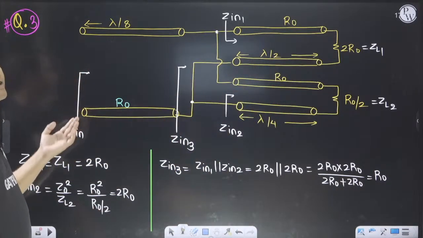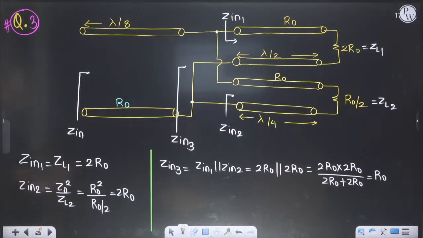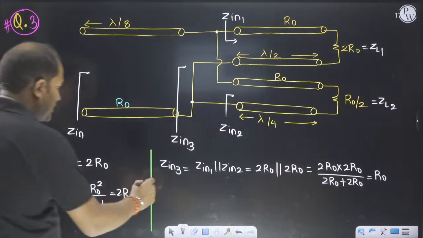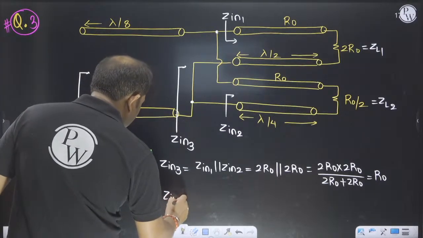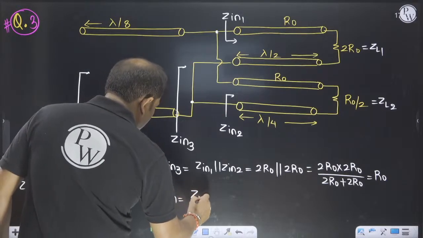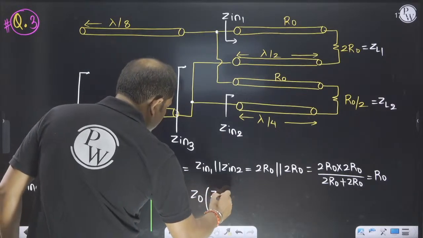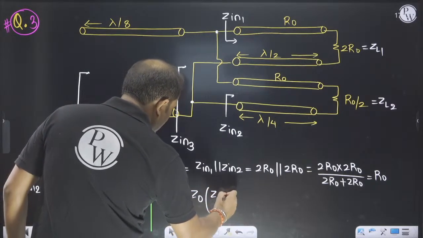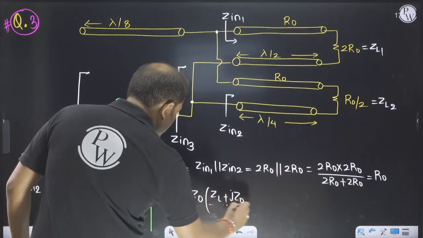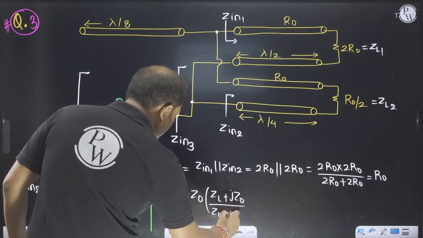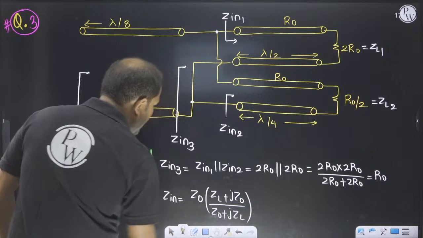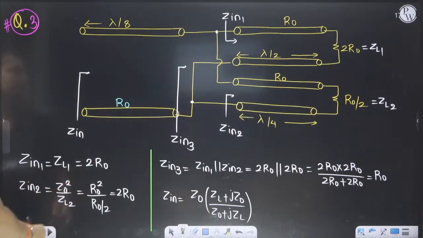After that there is a transmission line of length lambda by 8. So Zin is Z0 times (ZL plus jZ0 tan) over (Z0 plus jZL tan), that is, ZL minus JZ0 and ZL plus JZ0 in the formula. What is the ZL for this Zin?